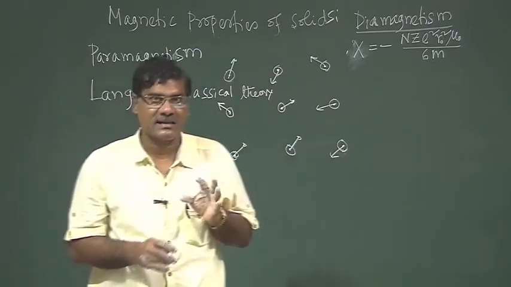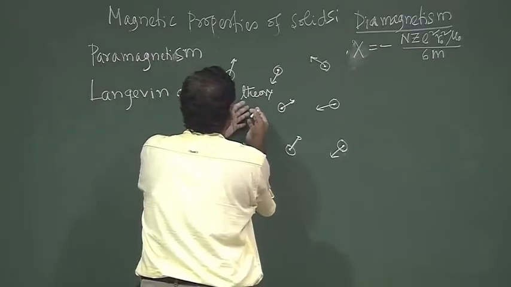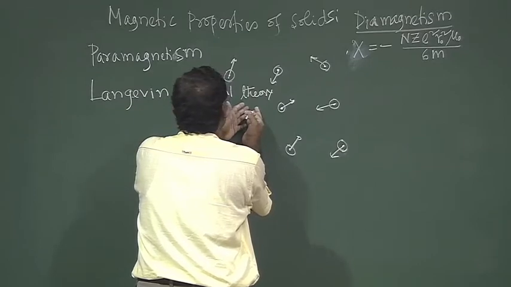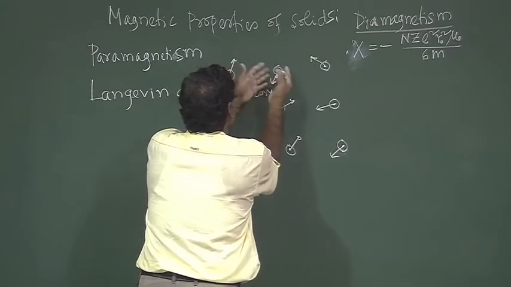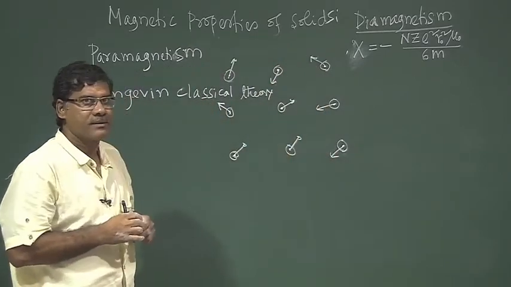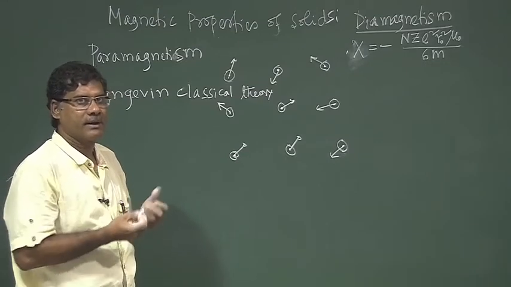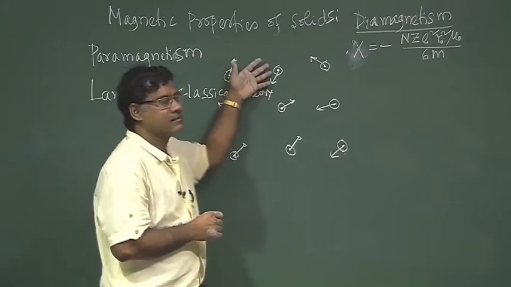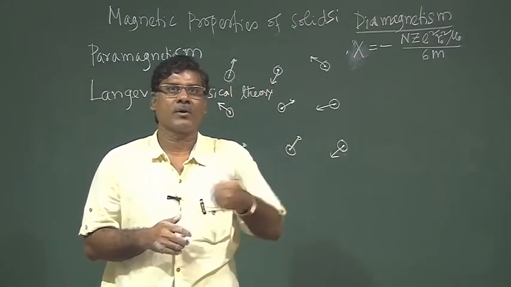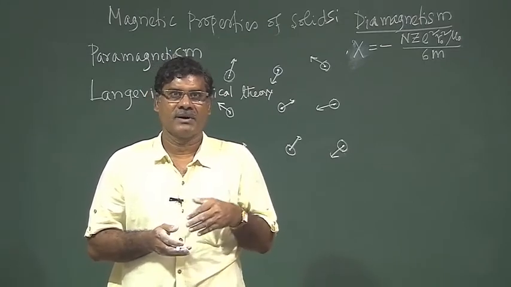This is the classical concept of the type of rotation of the magnetic moment, and later we will see the case of quantum theory. There the rotation cannot be free, it cannot rotate in all directions; there will be a restriction and it will be quantized.